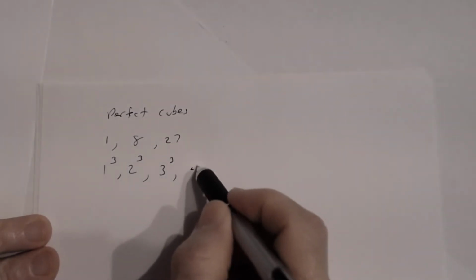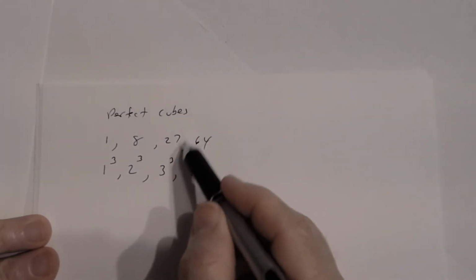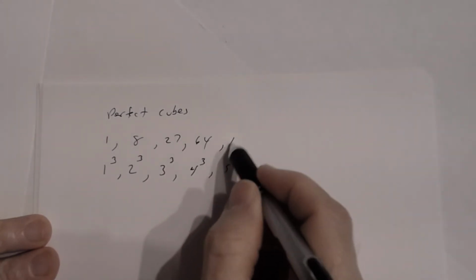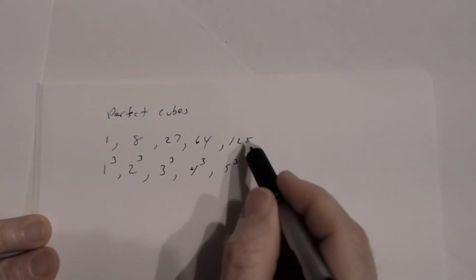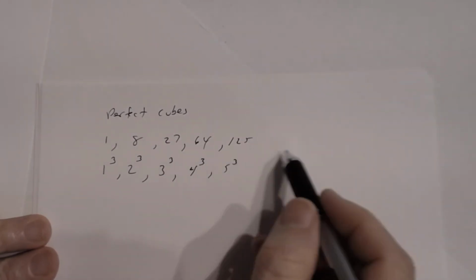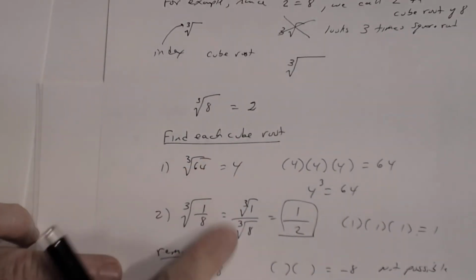If 4 cubed, and 4 cubed is what, 64? Then the cube root of 64 is 4. 5 cubed is 125, so the cube root of 125 is 5. And then we're going to stop there because it's going to get much larger. Okay? So those are perfect cubes. So all of these that we dealt with were perfect cubes.